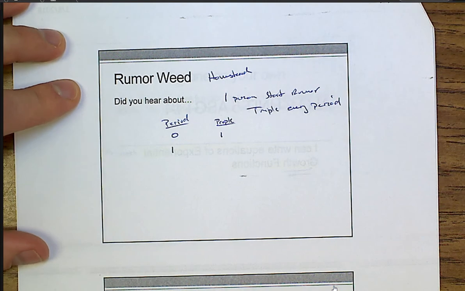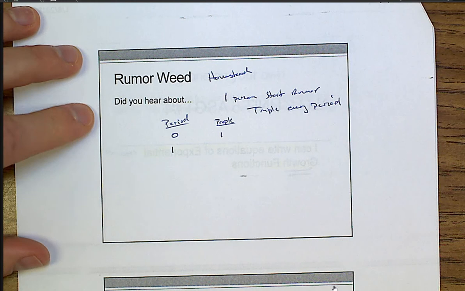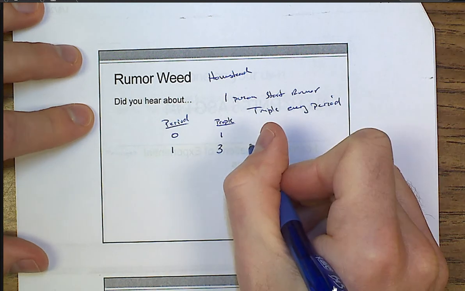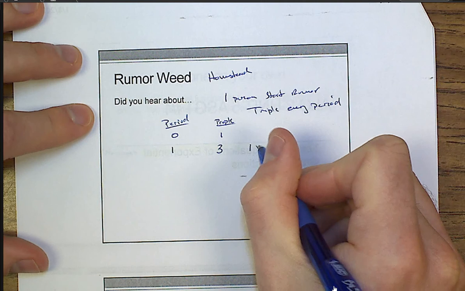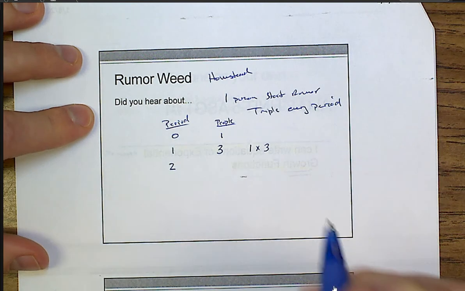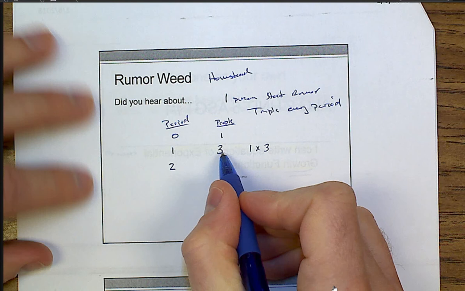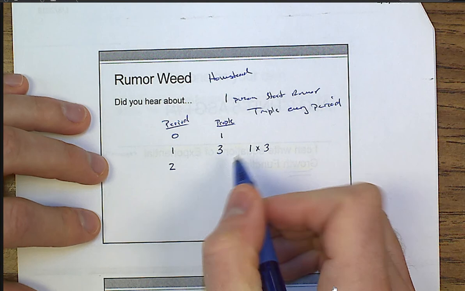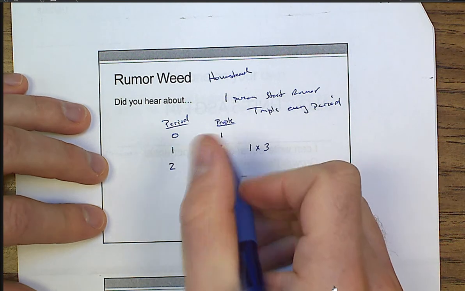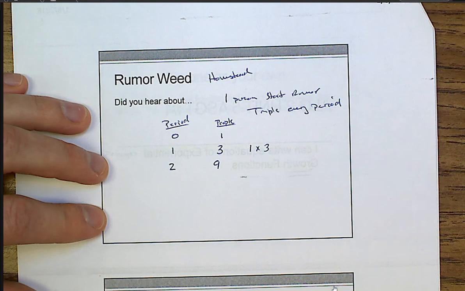After the first period, that rumor has tripled, right? So we start off with one person and it's tripled. After the second period, that rumor has tripled again. So 3 people have to tell 2 more people each, and that's going to triple, so that's going to become a 9. How do we get that?